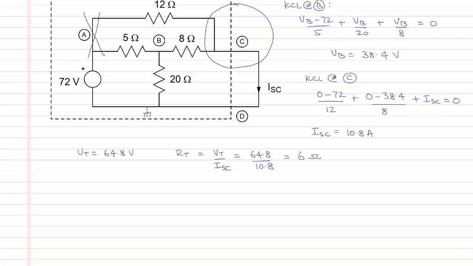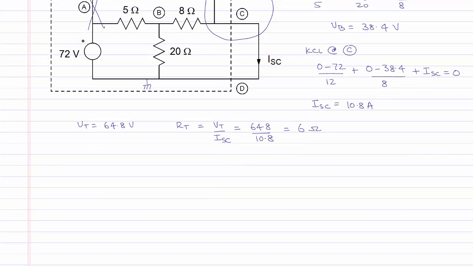We can now draw the Thevenin equivalent of the circuit between the nodes C and D. The Thevenin voltage is 64.8 volts. The Thevenin resistance is 6 ohms. And this is the Thevenin equivalent between the nodes C and D.